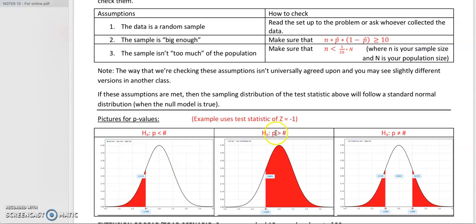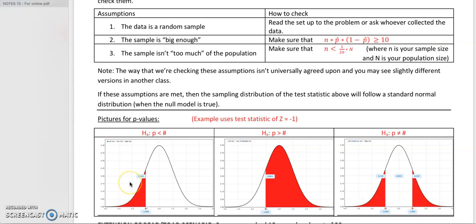If we have a greater than sign in our alternative hypothesis, I'll still find my test statistic on the bottom, but I'll shade everything to the right of it. And if I've got a not equal to sign, I'm going to find my test statistic, but I'm going to put both a negative and a positive version of it on the bottom, and I'm going to shade everything outside of both of those.